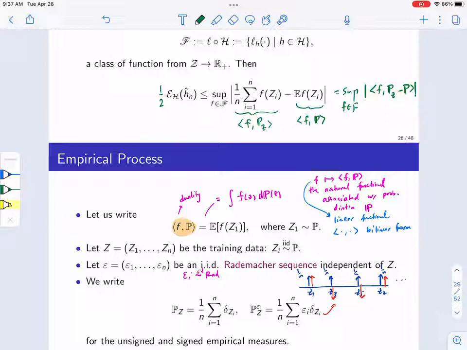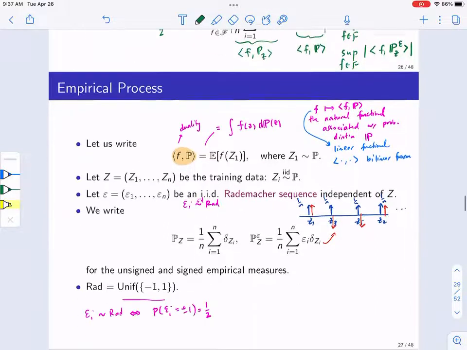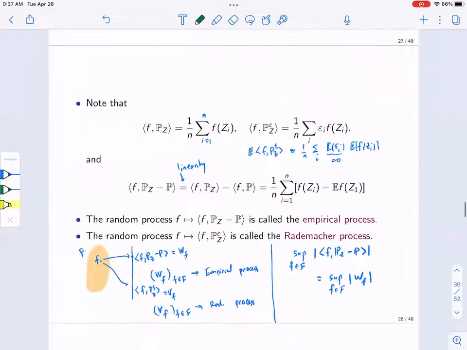The first idea was to relate this to the supremum of the other process, the supremum over f of this symmetrized version. So this is the Rademacher process, and this is the empirical process. The empirical process is basically this: f maps to this. It's a random process.